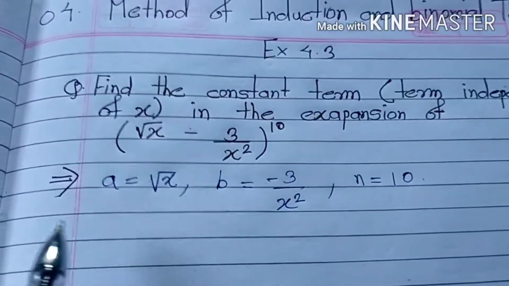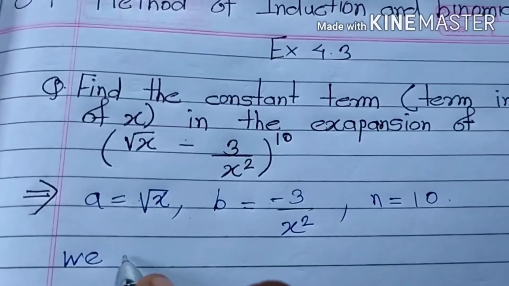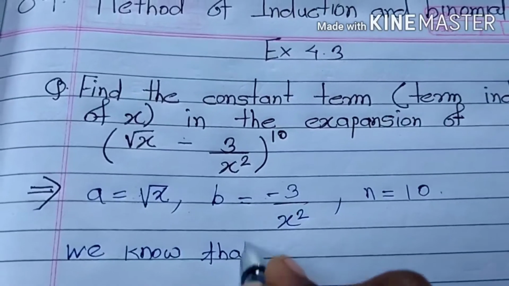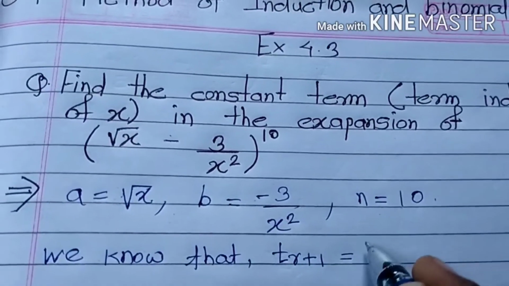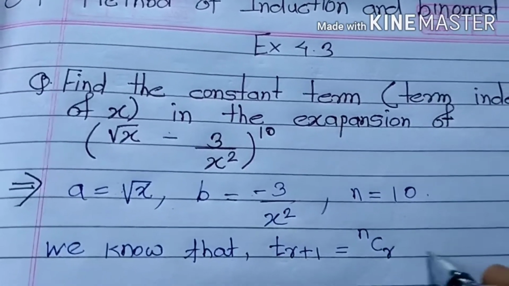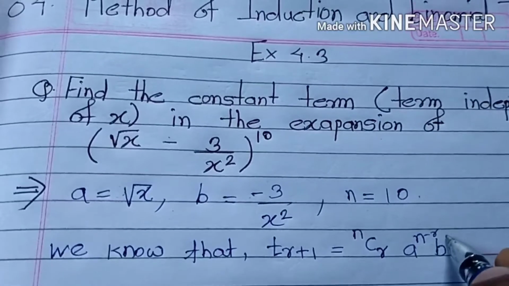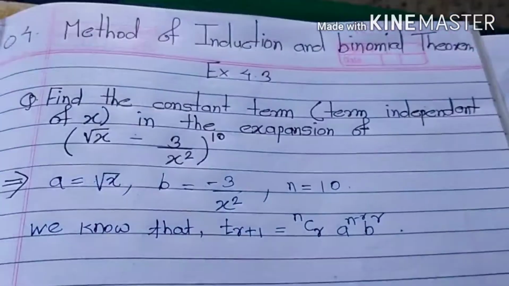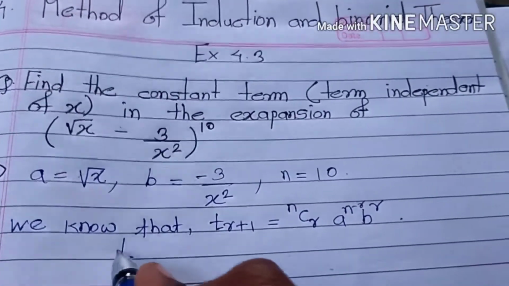Now we can find it by the general term. So we know that T(r+1) is equal to nCr a raised to n minus r, b raised to r. Now put all the terms. So T(r+1) is unknown.